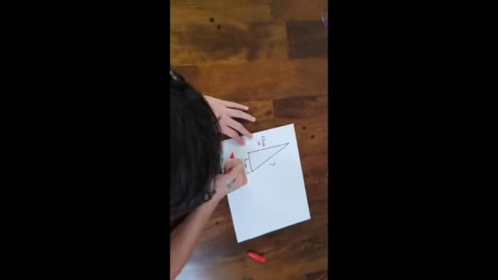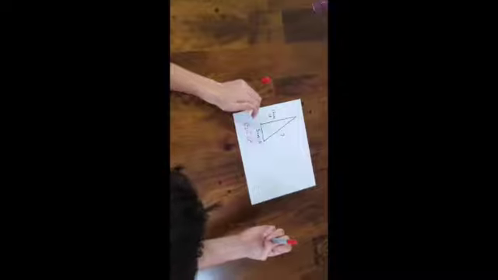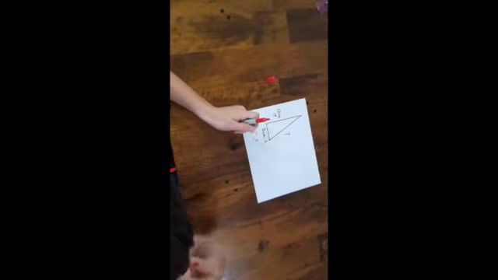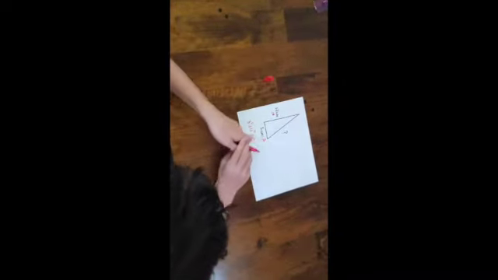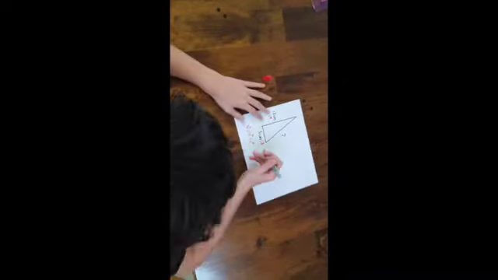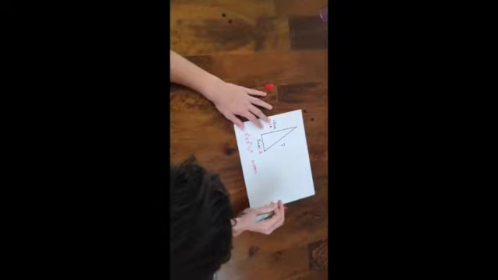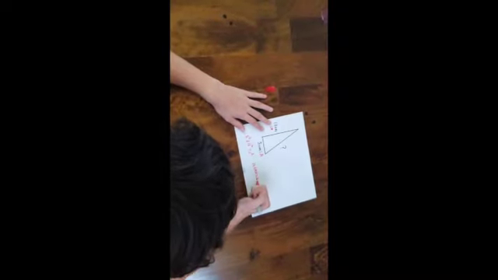So now we have to find the exponent. We have to multiply 5 and 12 by their exponents, and that's going to be 25 and 144. Now that we have this done, it is pretty easy to find out what C to the second is, and this is going to be 169.